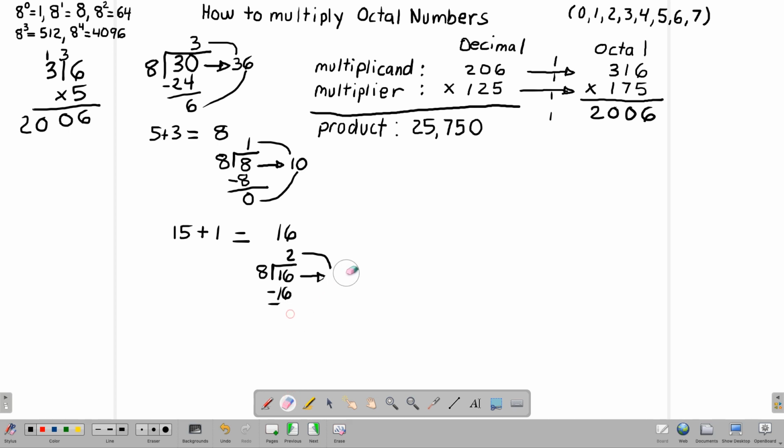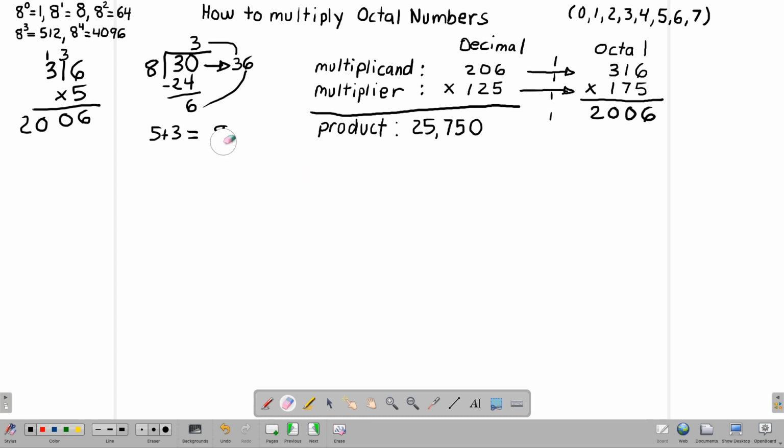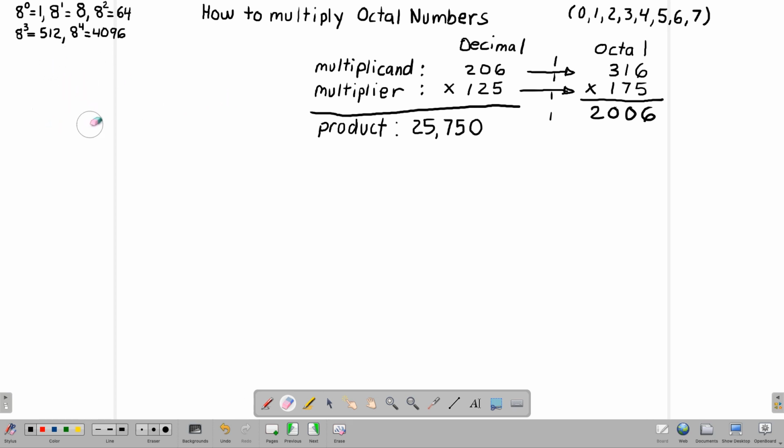All right, so let's clear this out for the next computation. All right, so the next significant digit inside the value 175 is 7. So we take that and multiply by 316.